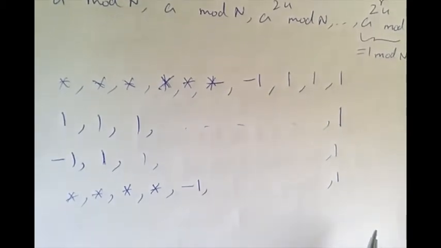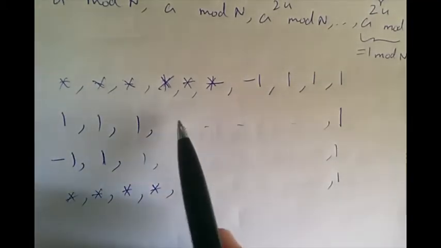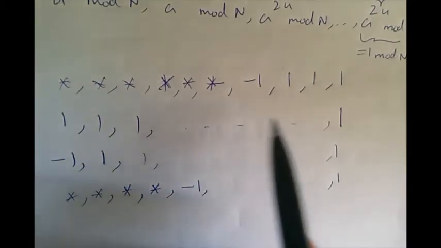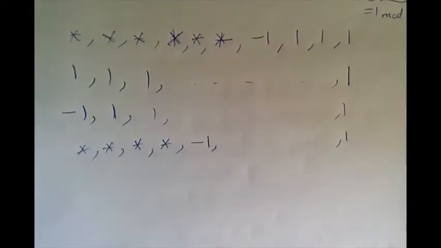So how are we going to use this to do primality testing? This kind of structure is guaranteed only if n is an odd prime. So let me write that.